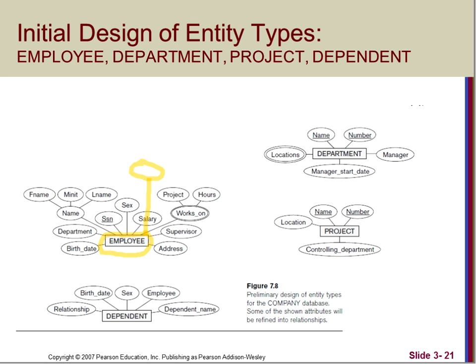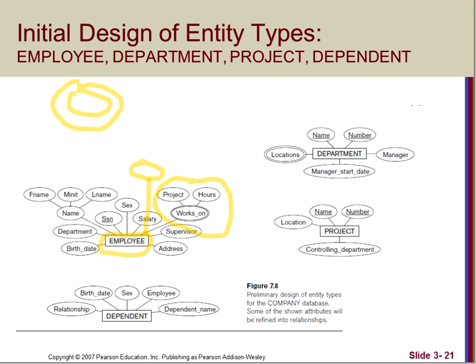From here, you can find some unusual attributes, for example work zone. The work zone has a double oval. A double oval means there can be multiple values, which is called a multi-valued attribute.